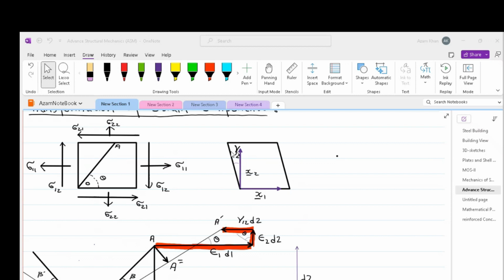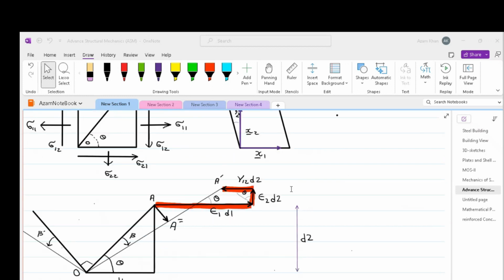In other words, this is just tangent theta equal to perpendicular by base. Since we are dealing with very small distortion, tangent theta is approximately taken equal to theta, and theta is gamma 12. That gamma 12 is multiplied with the base D2 to get the shear distortion, which is gamma 12 times D2.